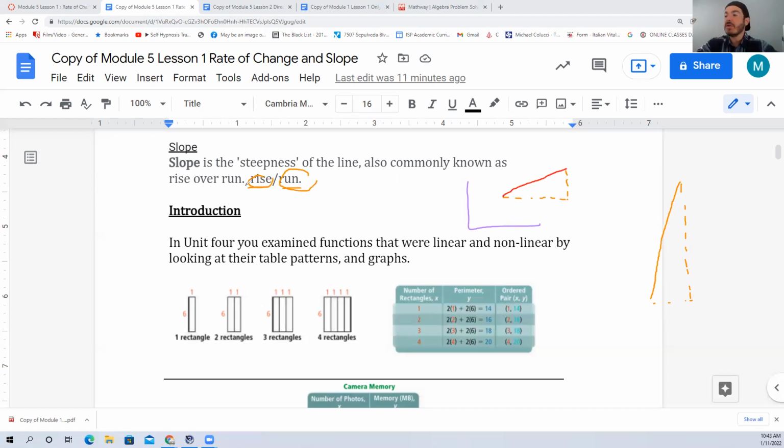If I'm on a very narrow slope, or very small slope, it's much easier to hike that, right? Well, the rise is a small number, the top number is small, and the run is a big number. So I'm going to get a number that's really close to 0.